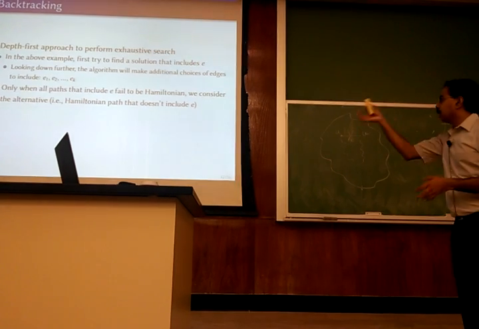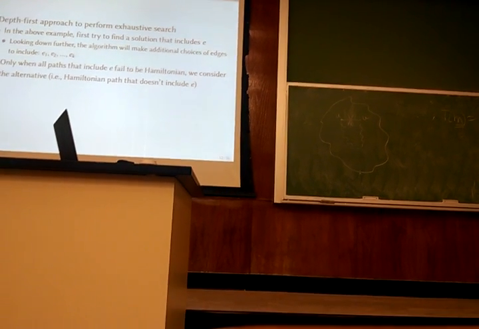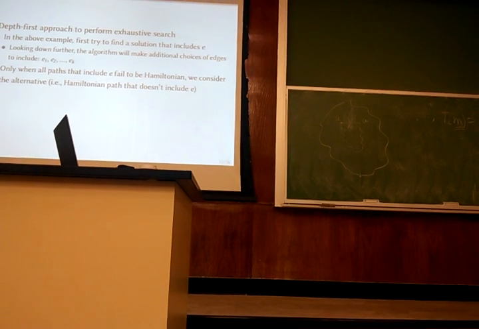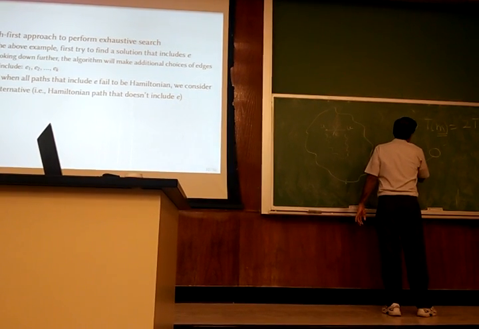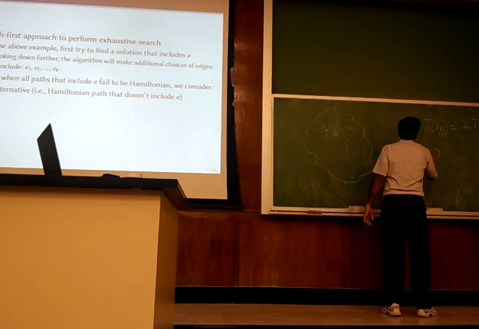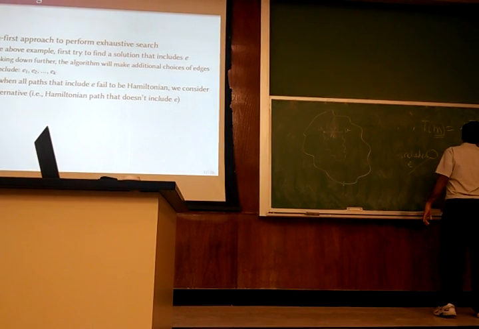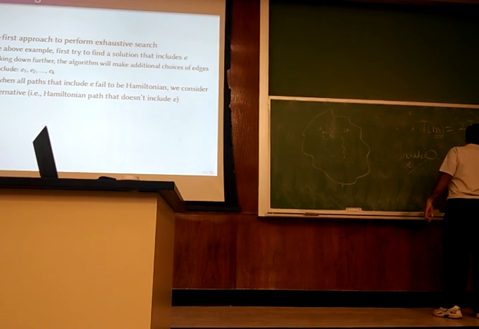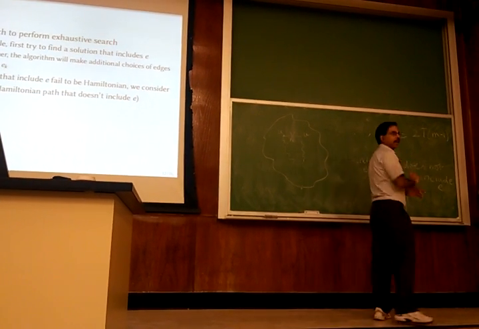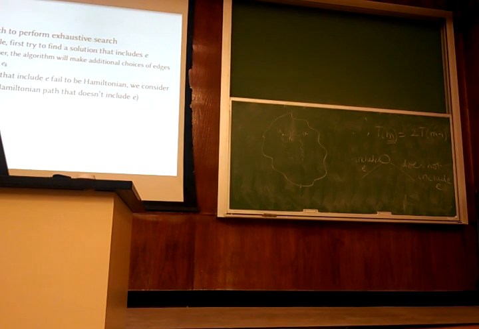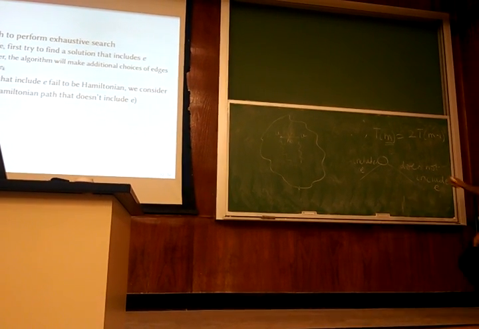Okay, so in the Hamiltonian tour example, what we did was we looked for a path that includes E and does not include E, right? So what we want to do is we want to systematically search down both of these branches.